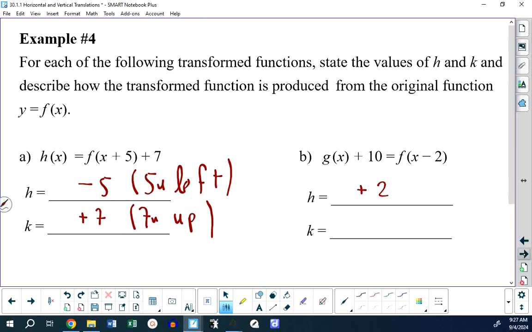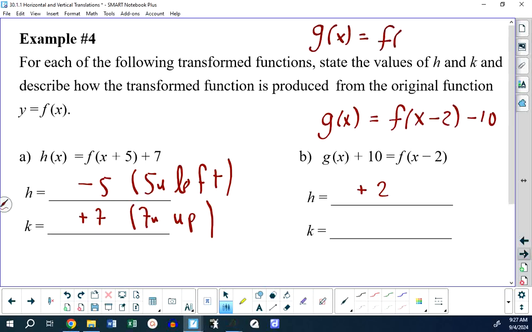And I think that's what most people would do. I think most people would rearrange this. It's not much of a task to rearrange this so that you can compare it to our template, right?